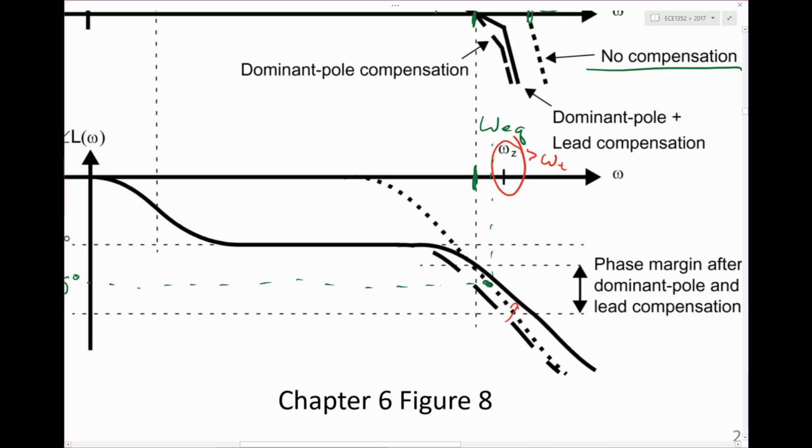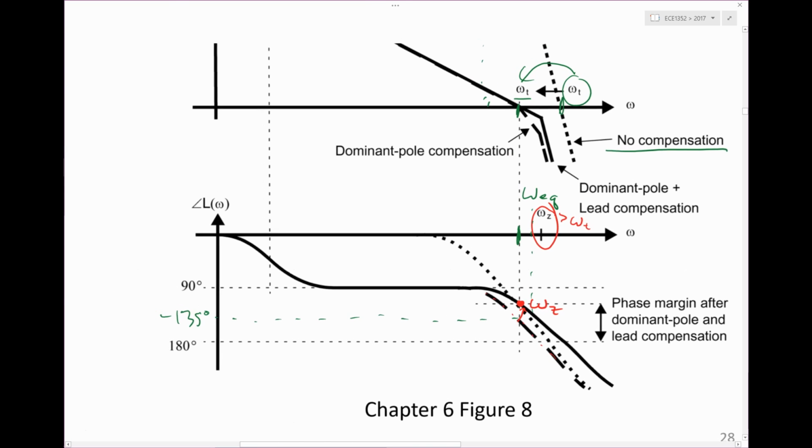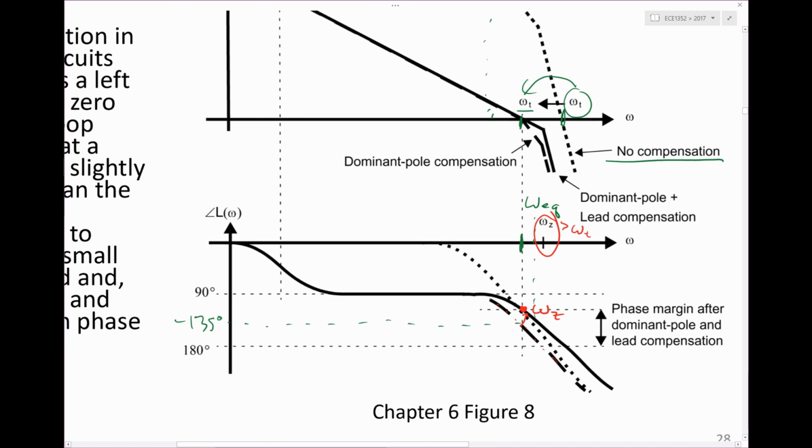So it's going to take the compensated phase response here, the dashed line, nudge it up a bit because of the zero, and give us a little bit of extra phase margin. But because omega Z is above omega T, it will not have too much effect on the magnitude response.